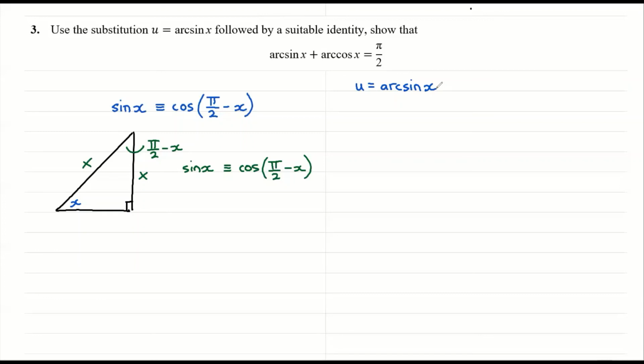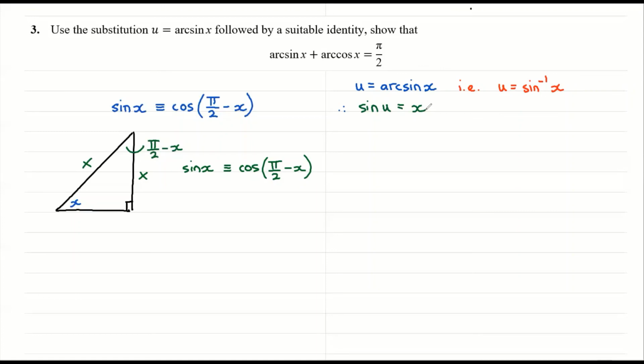We automatically know that, well, I'll just write it out in a different way so it's a bit more obvious. So u is equal to the inverse sine of x. So consequently, I can write that in a different way. So I'll go into another color as well. We can say that sine of u must equal x.